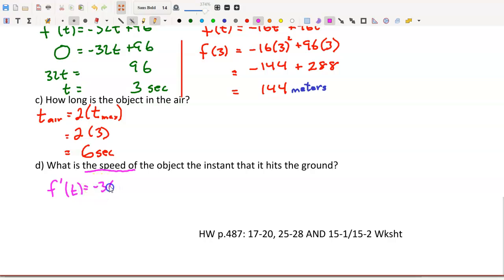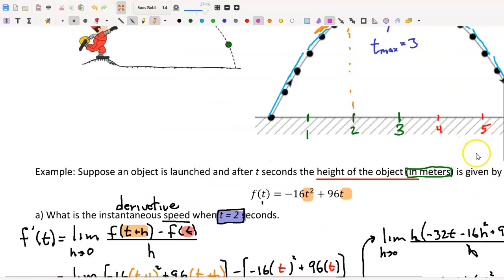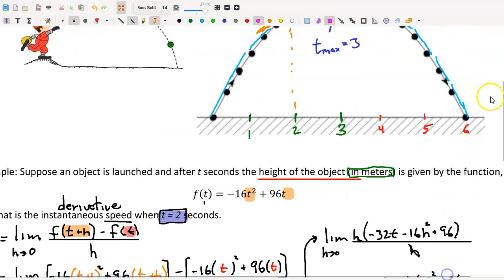Which is negative 32 t plus 96. And what time should we put in? Because it takes time right here. So what number should we evaluate this at? 6, right? So we know that this over here, when is it hitting the ground? Right here at 6 seconds.